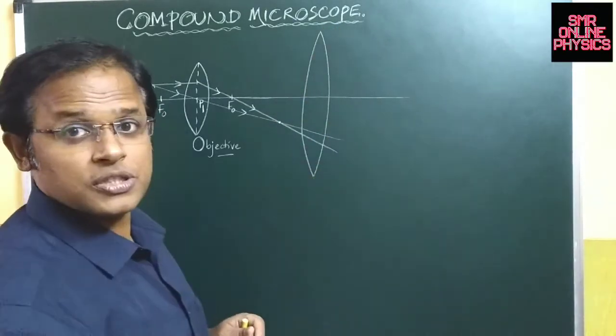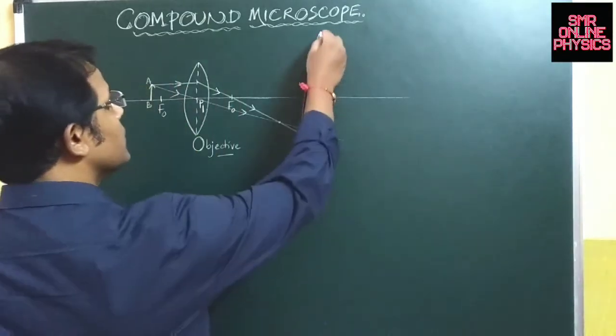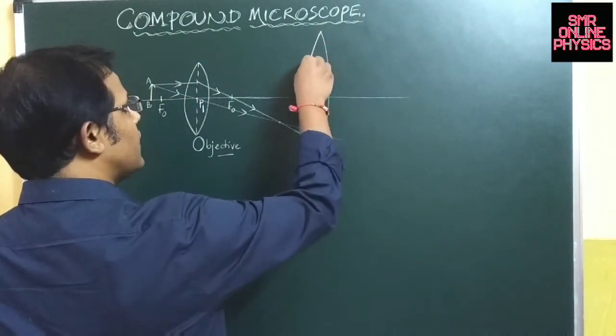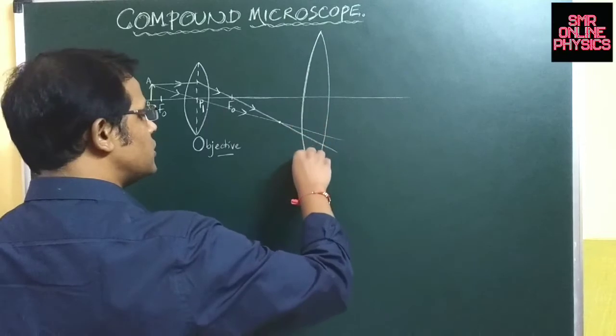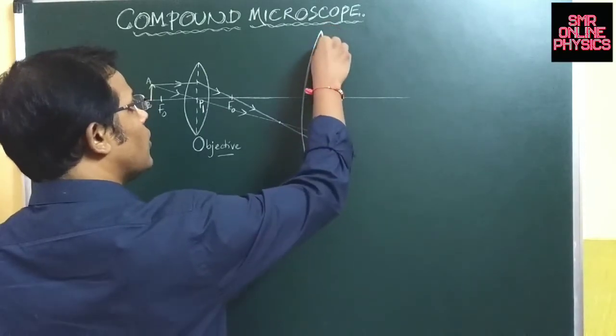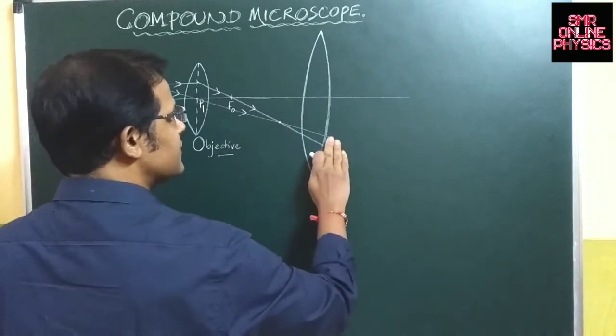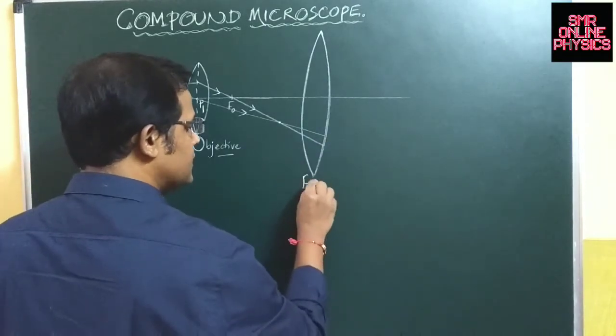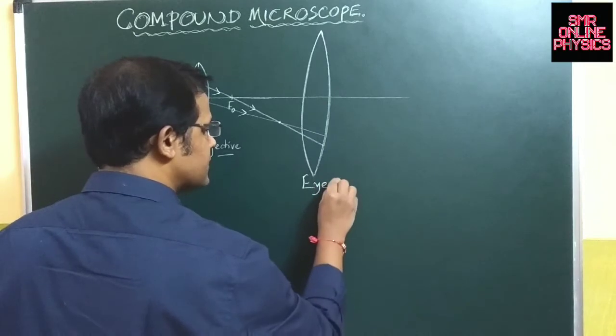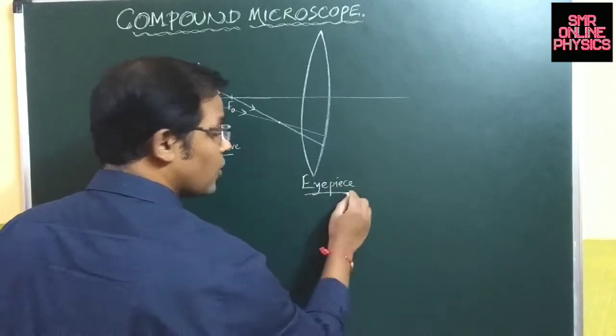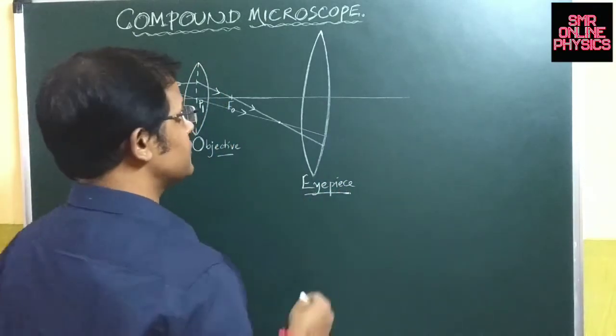This is your second convex lens which will be closer to the eye of the observer. So this is also called E, E standing for eyepiece. Closer to the eye, so eyepiece, simple.